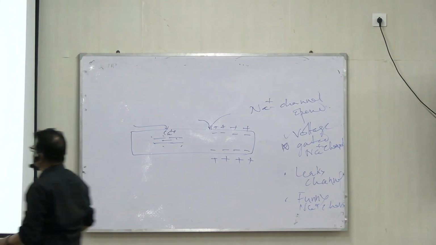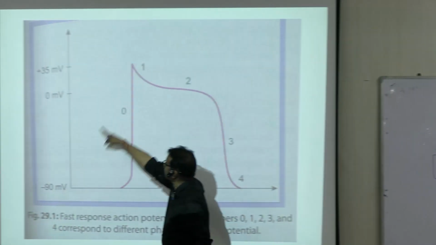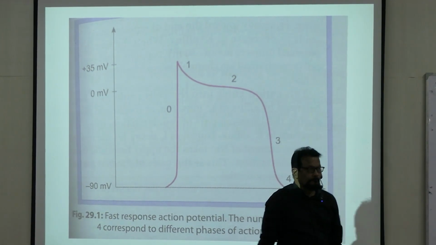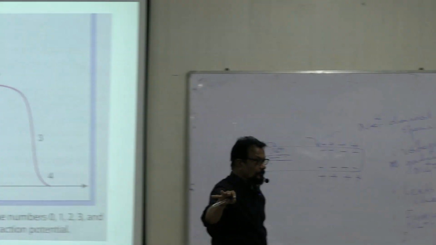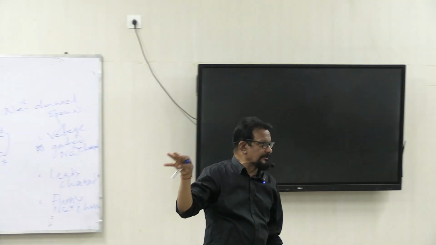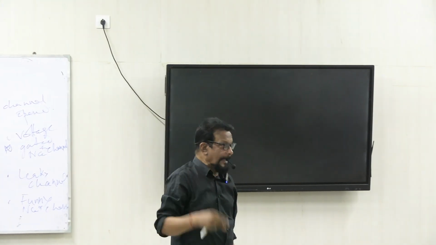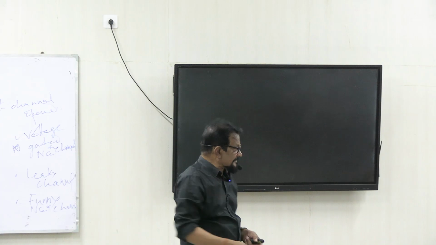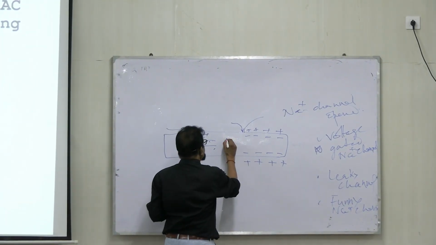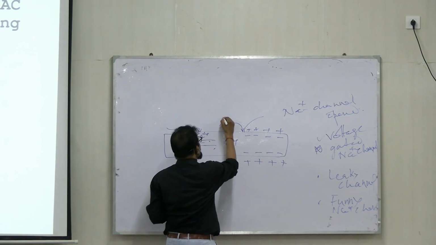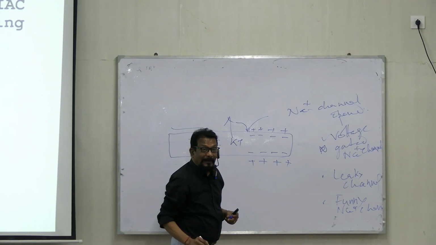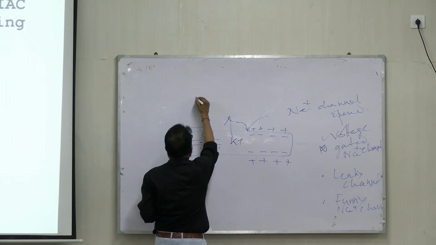Now what happens? The membrane potential becomes plateau. There is no change in potential difference. Why did this happen? Potassium ion is going out. At the same time, another channel opened. What is this?